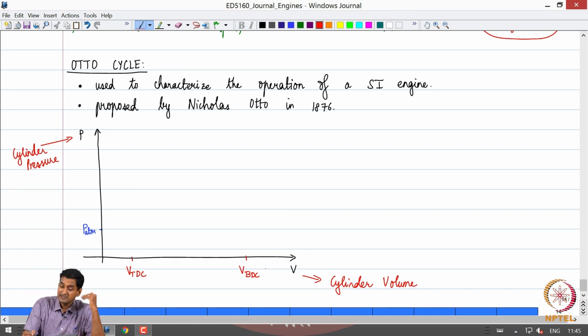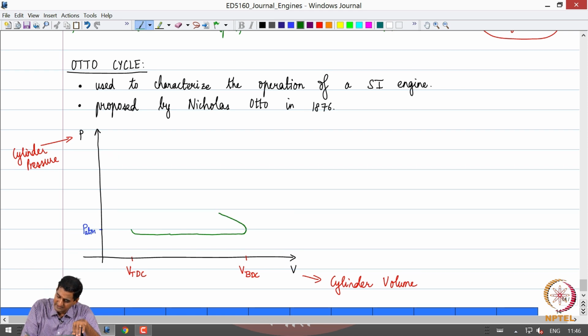So, if we look at the PV diagram of a typical 4-stroke spark ignition engine, let us go through all the strokes. Let us say we start with the suction stroke. During the suction stroke, the pressure is going to be slightly below atmospheric. Let us consider a naturally aspirated engine. I am drawing a very simple curve. During the suction stroke the pressure is slightly below atmospheric, right, and then I close the inlet valve and then I start compression.